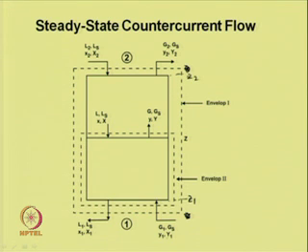At 1 the gas flow rate is G1, Gs is on solute free basis, small y1 is the mole fraction and capital Y1 is the mole ratio basis. So, these are the nomenclature which is given. Gas is inlet at the bottom and outlet at the top, and liquid in at the top and out at the bottom.